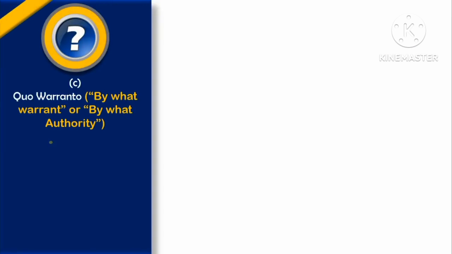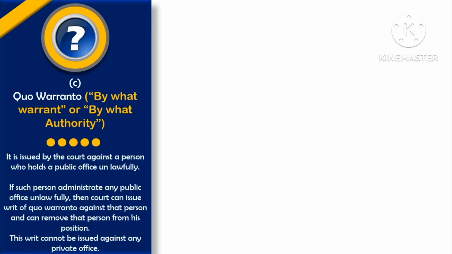The third type of writ is the writ of Quo-Warranto, which means by what warrant or by what authority. The writ of Quo-Warranto is issued by the court against a person who holds a public office unlawfully. Public office means anything which performs governmental work, or is for the general public, or is established by law, or any elected person.